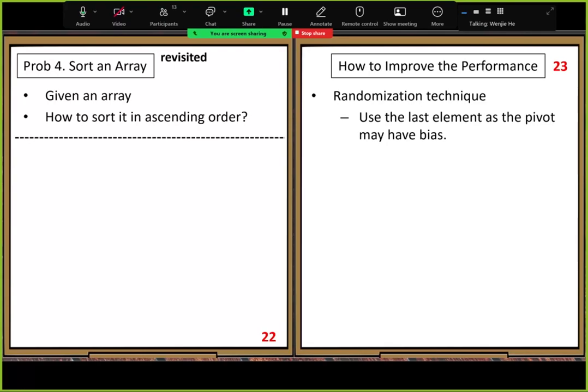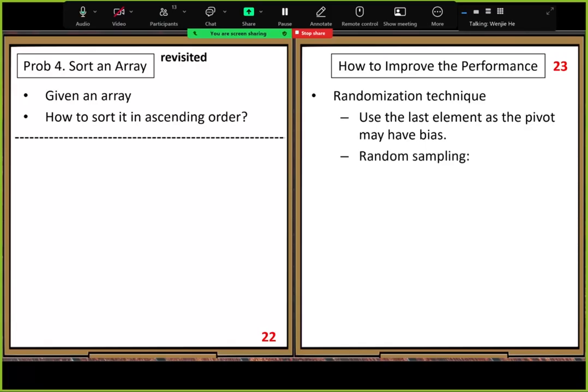You can choose some element near the middle, somewhere, anywhere, and then you can greatly avoid the two extreme cases. That's a simple idea.